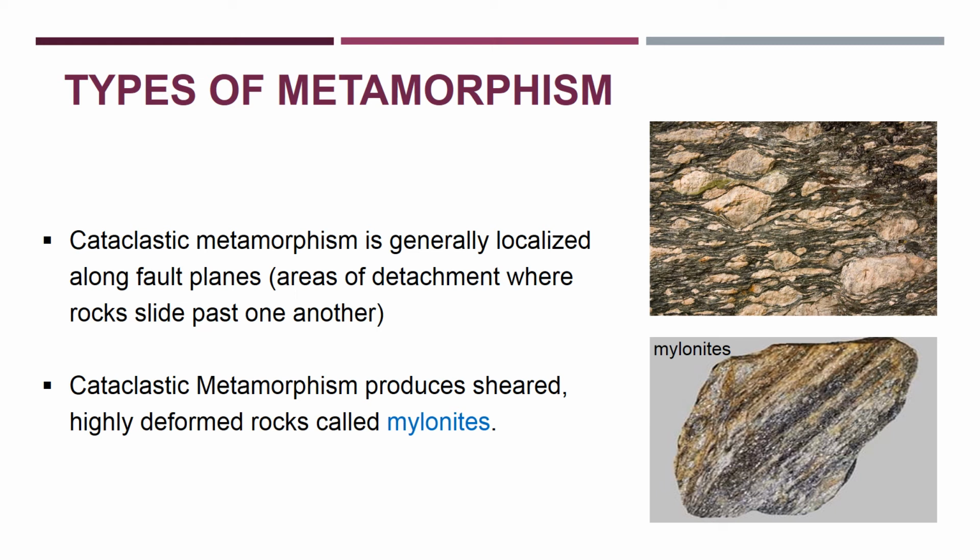Cataclastic metamorphism is generally localized along fault planes, and it produces sheared and highly deformed rocks. We call this type of rock mylonites. Whenever you talk about cataclastic metamorphism, you talk about mylonite rocks, as you can see from the picture, and you see the change of the crystal shapes because of the movement.